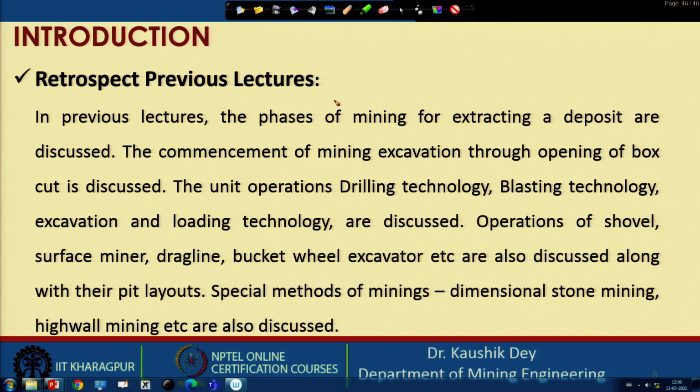We have also covered shovels, surface miner, dragline, bucket wheel excavator, and other related machinery and equipment. We have covered dimensional stone mining and high wall mining also. It is well understood now that surface mining technology is nothing but mining with horizontal slices, where horizontal slices are taken to excavate the material and gradually the stripping is carried out. So, this is the surface mining technology.